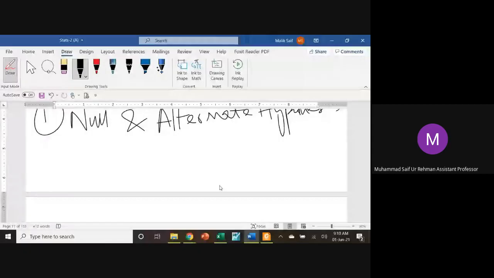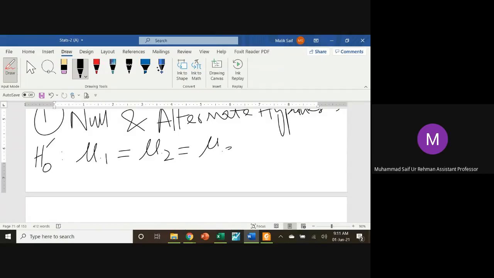H naught, and you have to put a bar on this like this. This will be your first null hypothesis, and against this you will write down the alternate hypothesis. H naught bar will be mu dot 1 is equal to mu dot 2 is equal to mu dot 3.